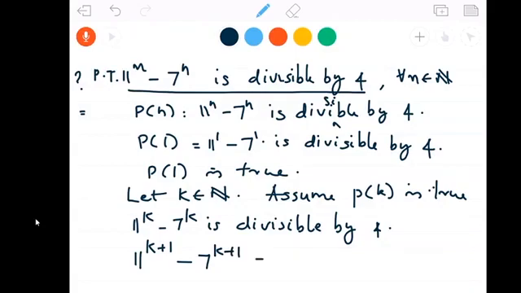So I will write this like this: 11 raised to k plus 1 minus 11 times 7 raised to k plus 11 times 7 raised to k minus 7 raised to k plus 1. Okay, this is k plus 1.